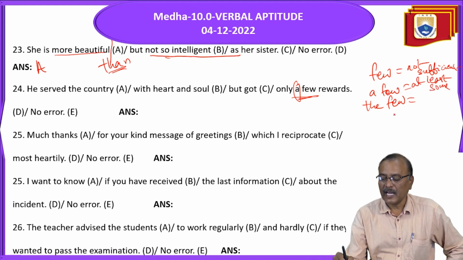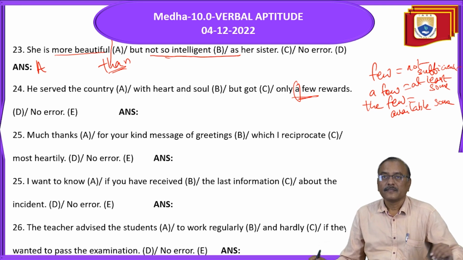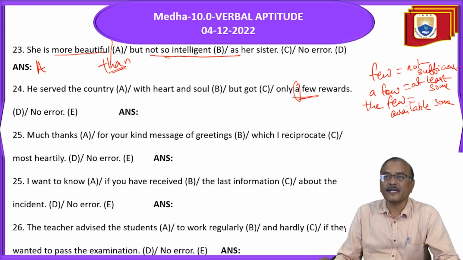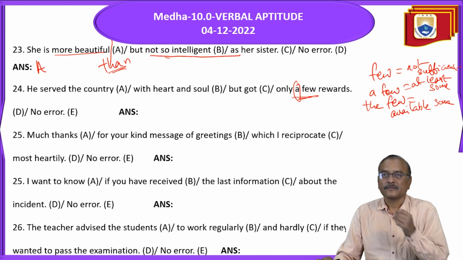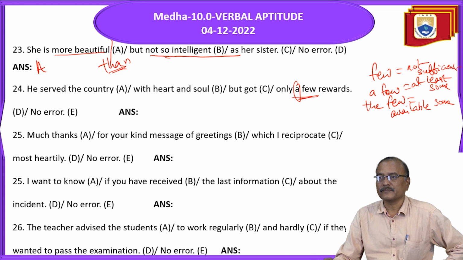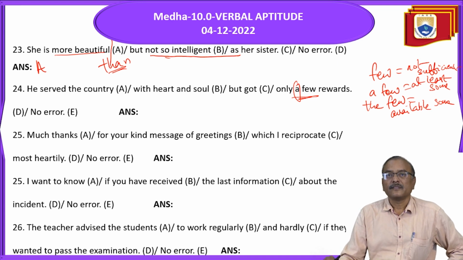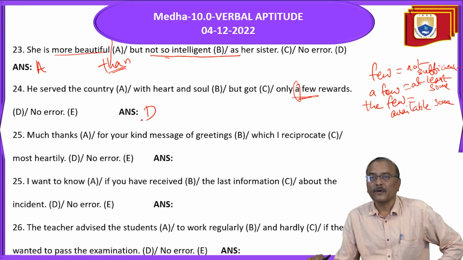The few means available some. So he served the country with heart and soul, but got only few awards. Few awards means not sufficient, not sufficient that he deserved here. That is the meaning. So option D is correct.